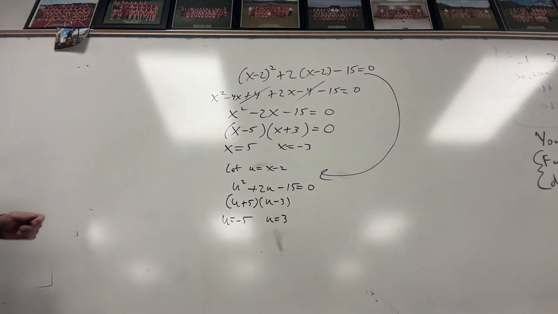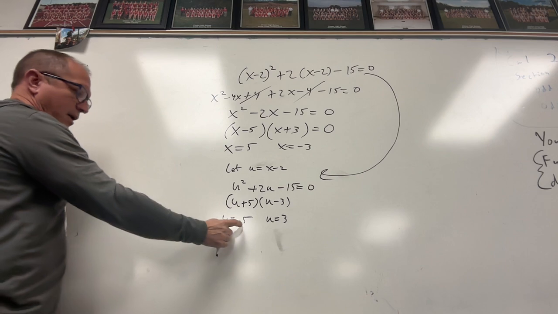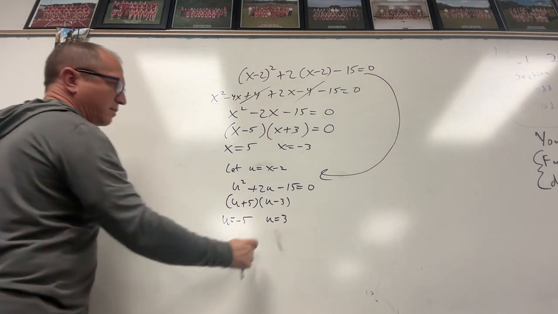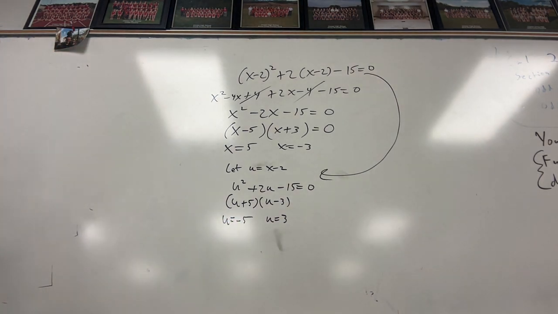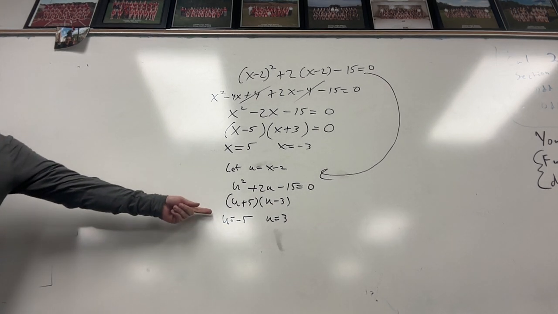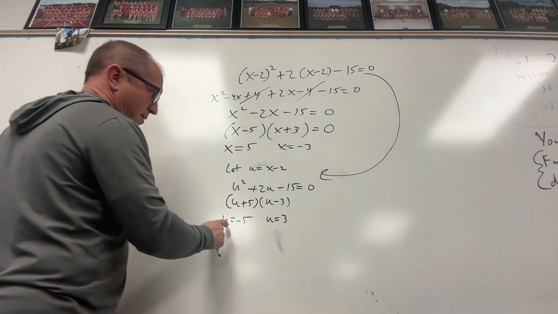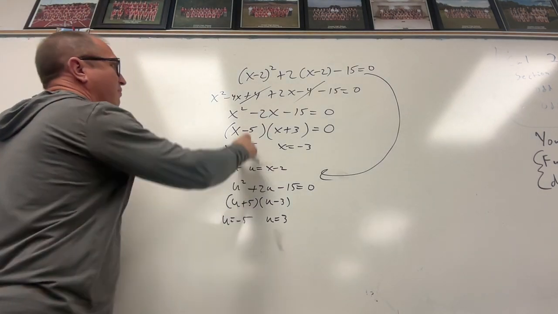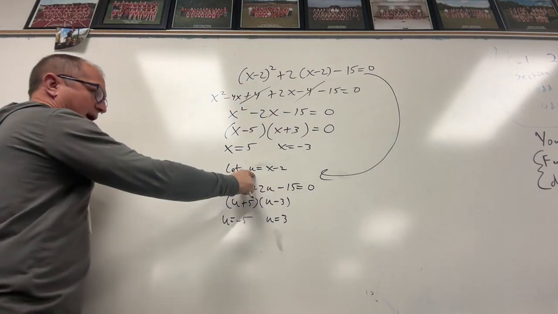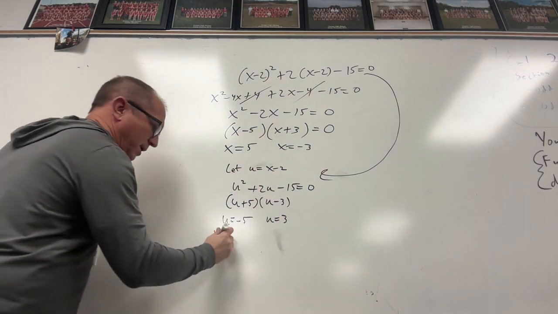Now, you're thinking, well, right here we said 5 and negative 3 were our answers. Now we're getting negative 5 and positive 3 as our answers. But we're not done yet, because we weren't solving for U, we were solving for x. So where I have this U, let's let that be x minus 2.